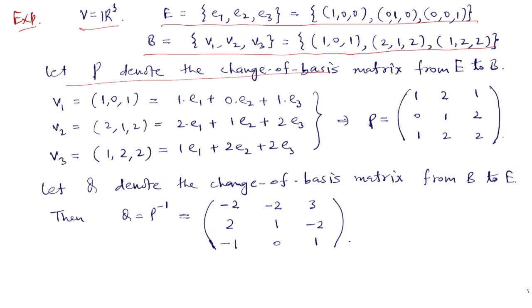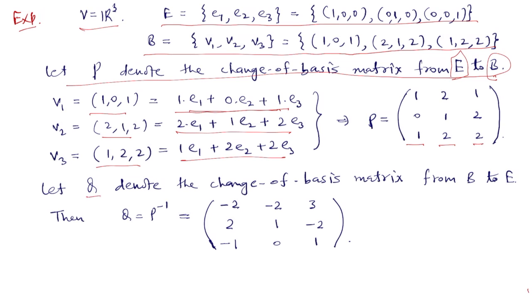Let P denote the change of basis matrix from E to B. To find P, we have to write B in terms of E. So take the first vector of B, (1, 0, 1). Write this as a combination of E1, E2, E3; that will be again (1, 0, 1). (2, 1, 2) will be (2, 1, 2), and (1, 2, 2) will be (1, 2, 2). So P is this matrix.